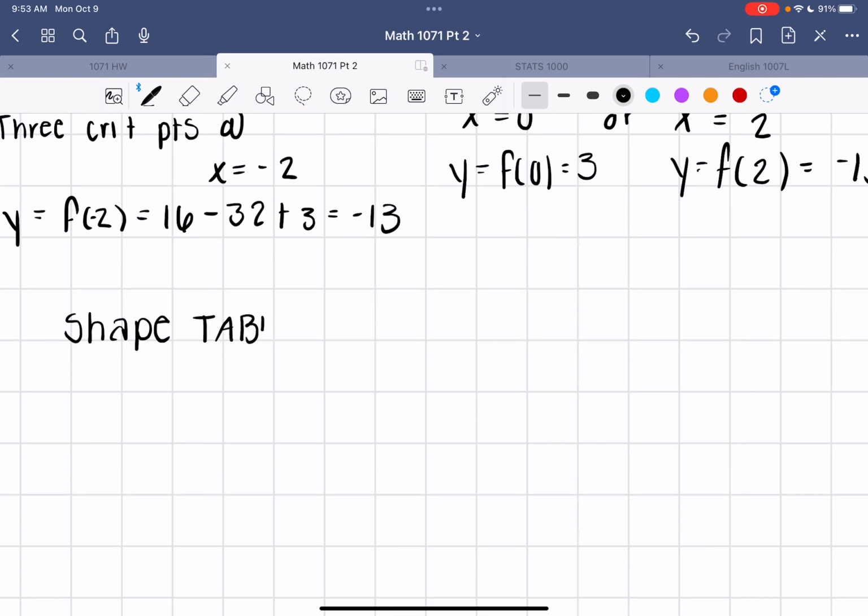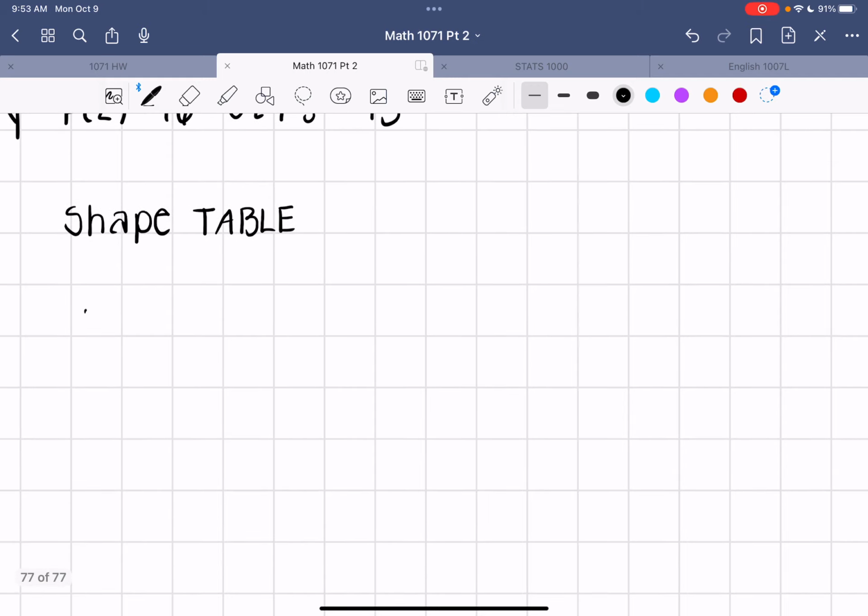And we're going to have 4: left of negative 2, between negative 2 and 0, between 0 and 2, to the right of 2.